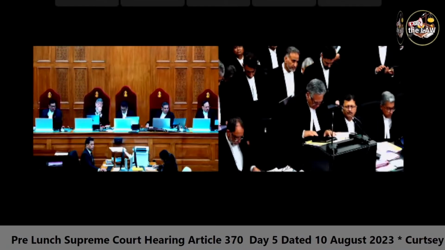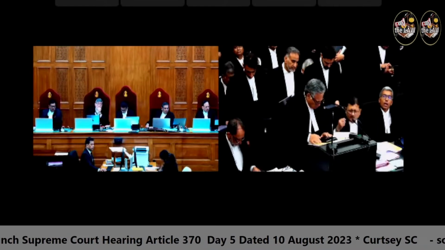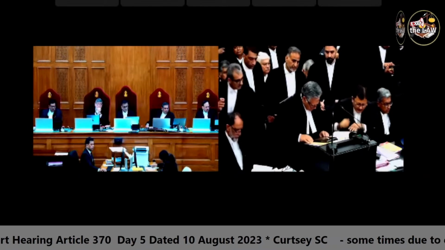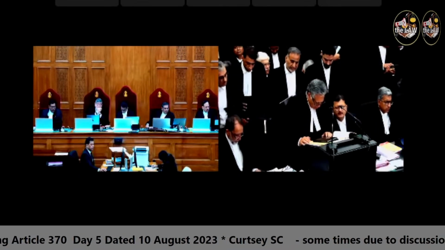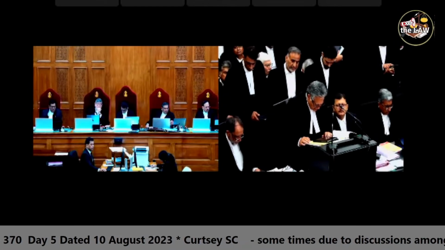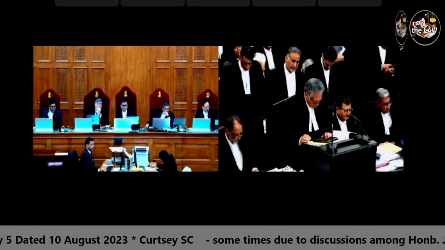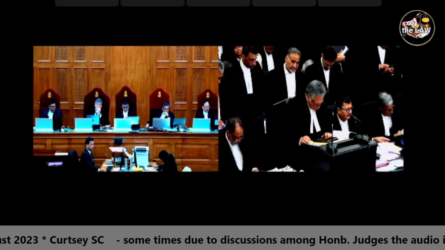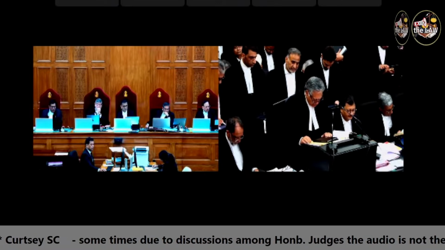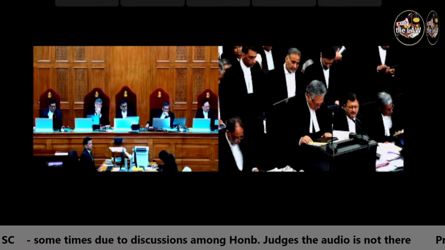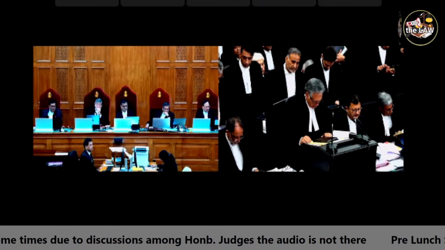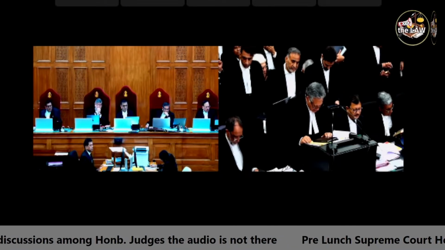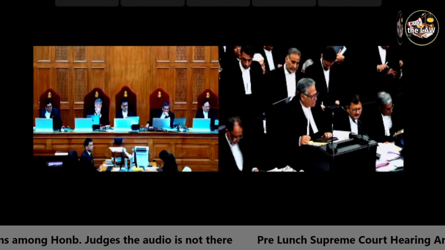Now, my lords, insofar as the order is concerned, to Article 3, there shall be added the following proviso: provided further that no bill providing for increasing or diminishing the area of the state of Jammu and Kashmir or altering the name or boundary of that state shall be introduced in Parliament without the consent of the legislature of that state.